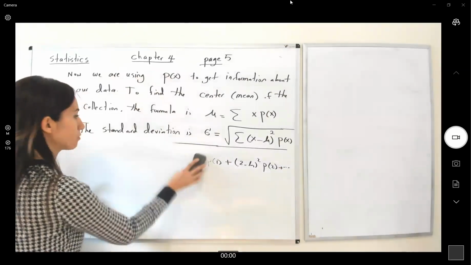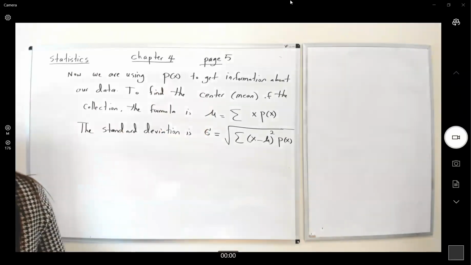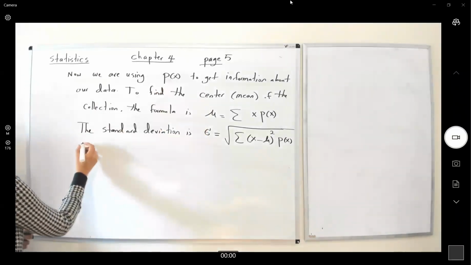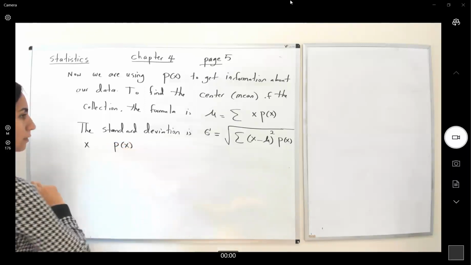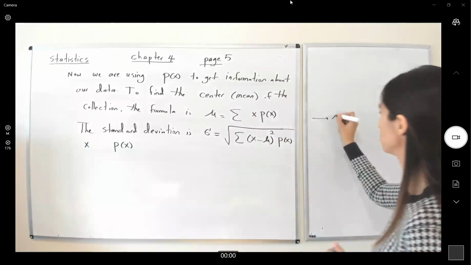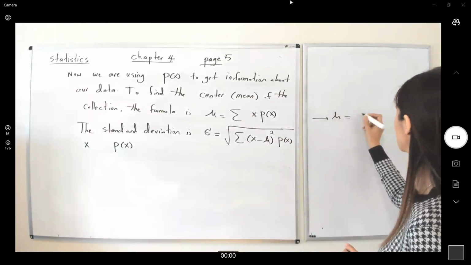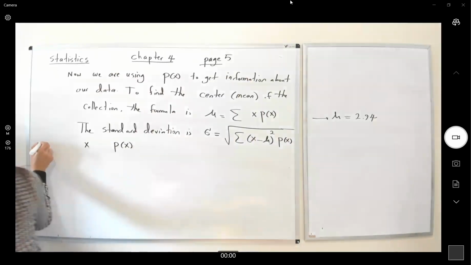Let me erase this one as well. So I have x, I have P of x. I already found my mu. My mu was 2.94. So this is our previous example.